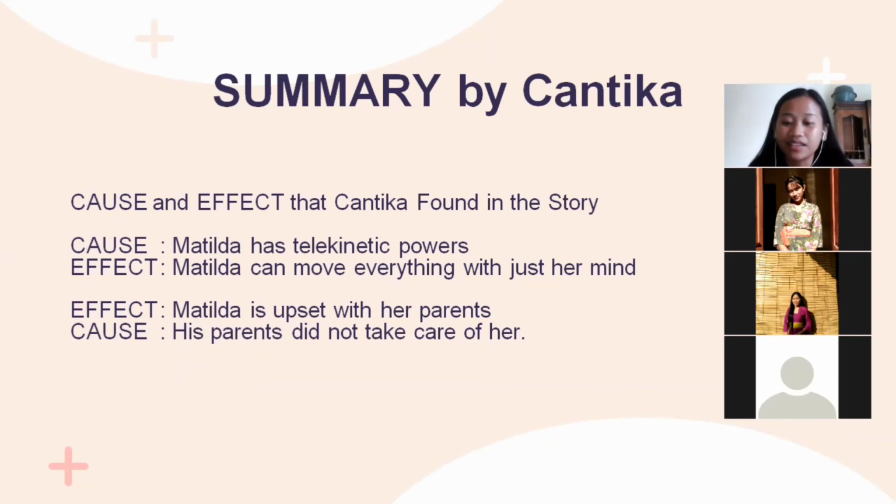And then the effect is what happened. So Matilda is upset with her parents. Why? Matilda is upset with her parents because her parents did not take care of her. Okay, I think you all already understand well about the material, Chantika. That is a great analysis.